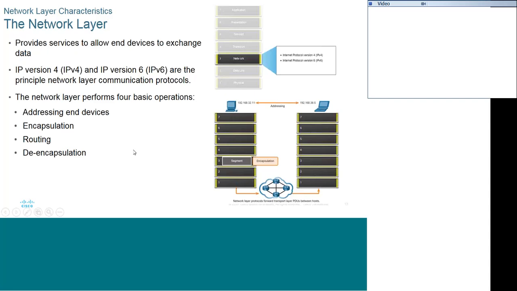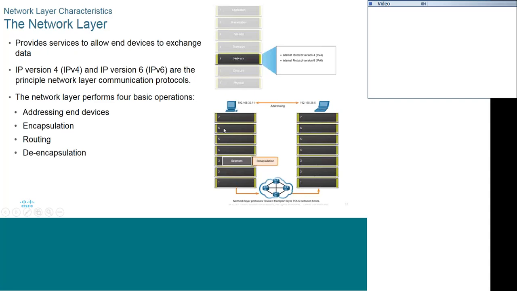The principal operations of the network layer are four basic operations, listed below. The first is addressing the end devices: all end devices need an IP address to be able to communicate with each other. Then encapsulation, which adds all the information needed to conduct this communication between networks.